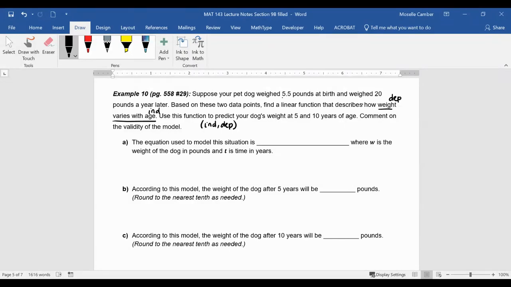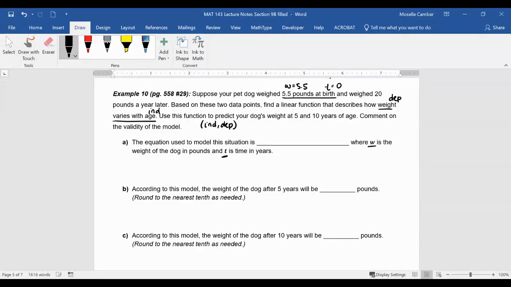Well, we know that it weighed 5.5 pounds at birth. Well, at birth, your age is 0, and they want us to use W for weight and T for years. So at birth, the number of years would be 0, and your weight is 5.5.